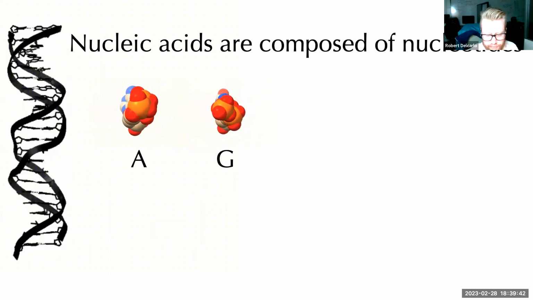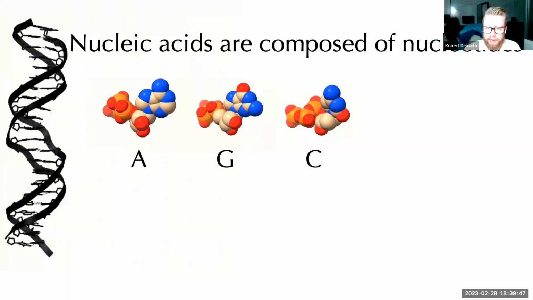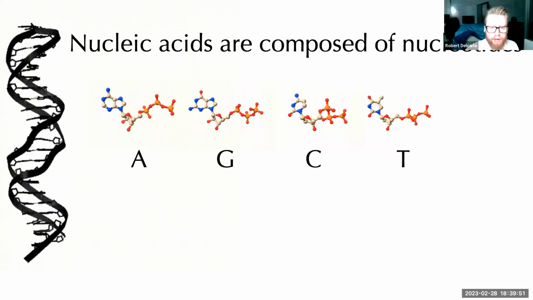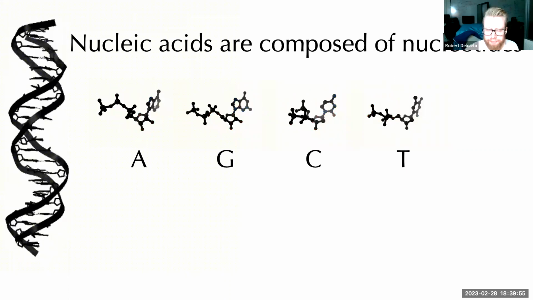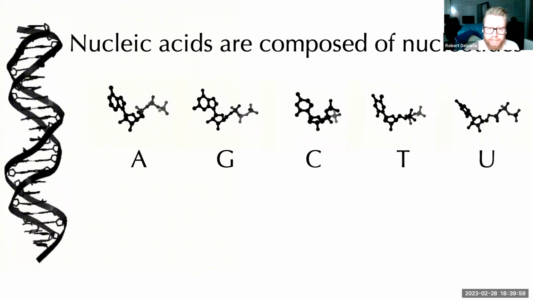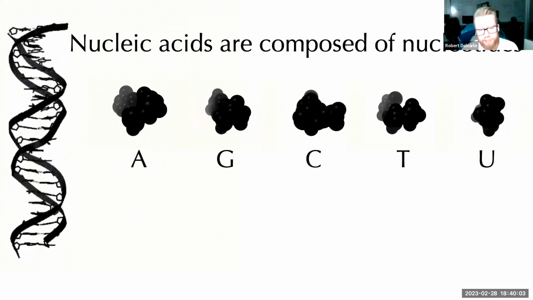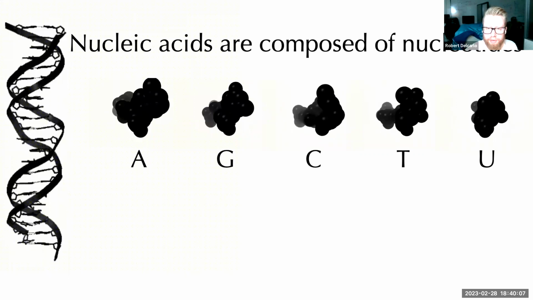After that, we have cytidine, and then thymidine. You can see their one-letter codes coming up. And lastly, we have uridine. Technically, these are all the triphosphate derivatives of these molecules: adenosine triphosphate, guanosine triphosphate, cytidine triphosphate, thymidine, and uridine triphosphate.